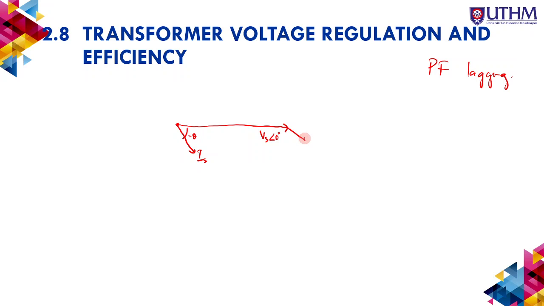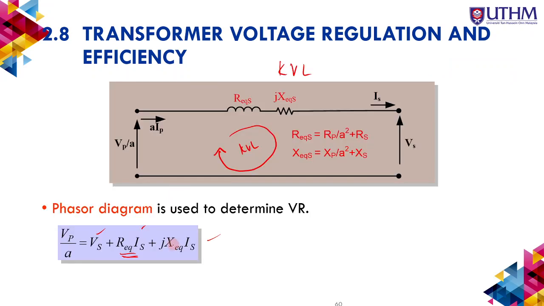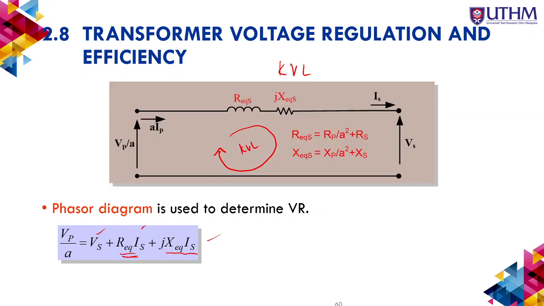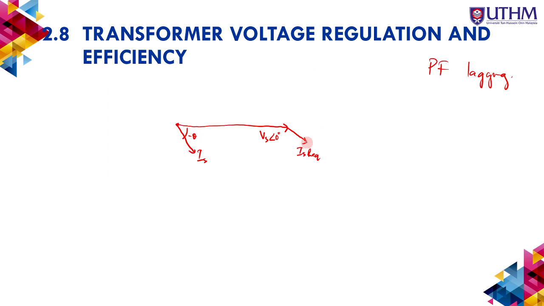This is Is times R equivalent, and this part is always 90 degrees, so this is Is times X equivalent.